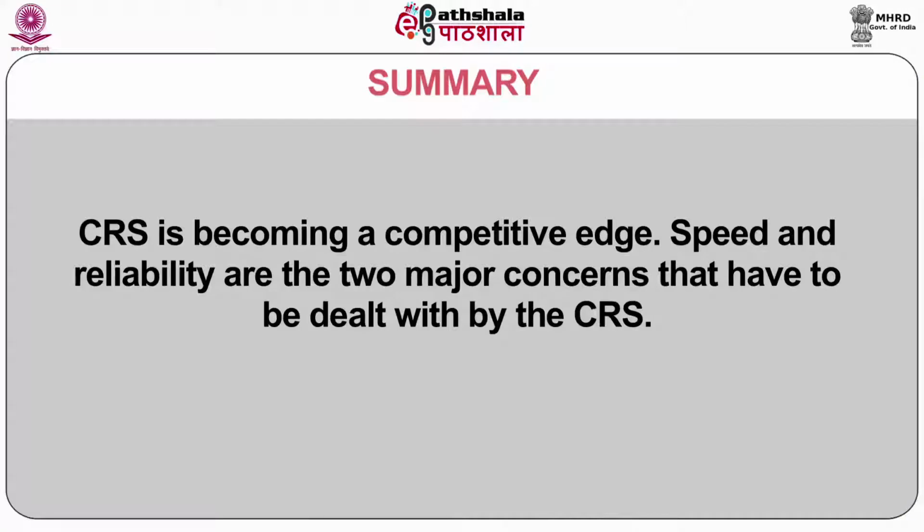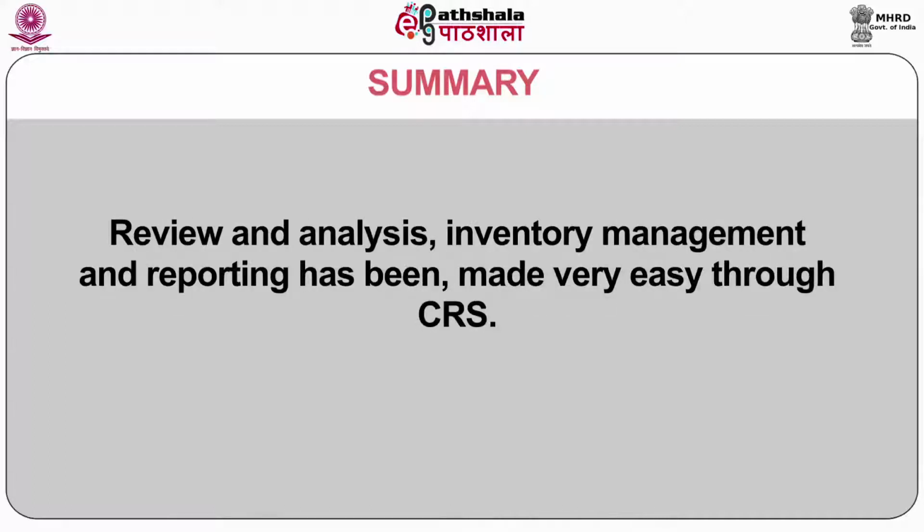Speed and reliability are the two major concerns that have to be dealt with by the computerized reservation system. Review and analysis, inventory management, and reporting have been made very easy through CRS. Yet when we compare with the industry's global distribution systems, the overall acceptance of information technology by air cargo has been slow.